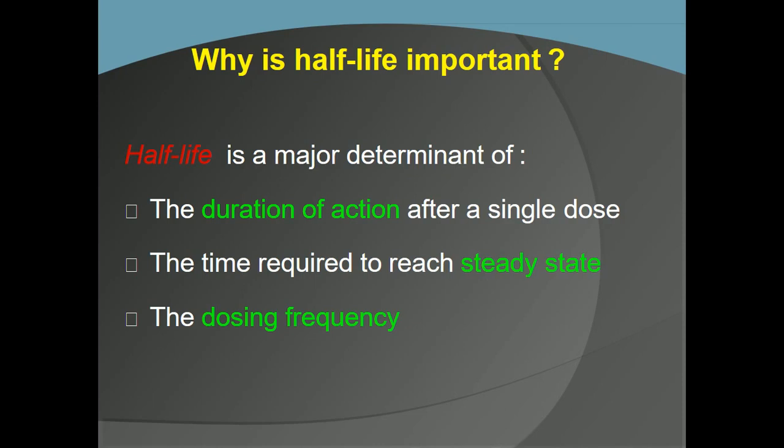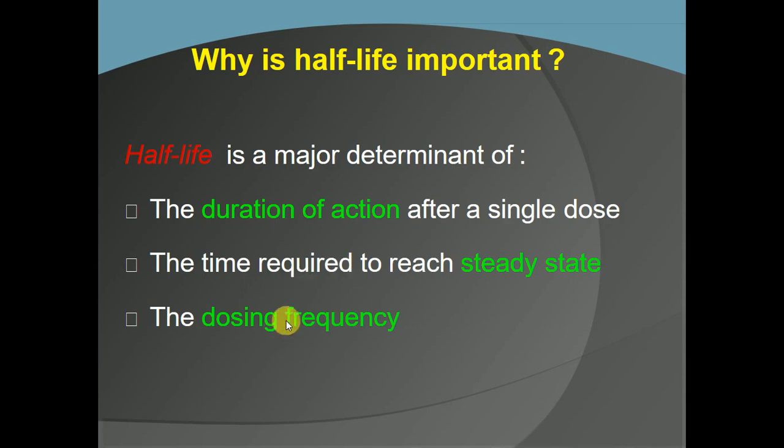It means that the quantity of drug you administer must be equal to the quantity eliminated from the body. It is the peak plasma concentration where the rate of influx is equal to the rate of efflux.